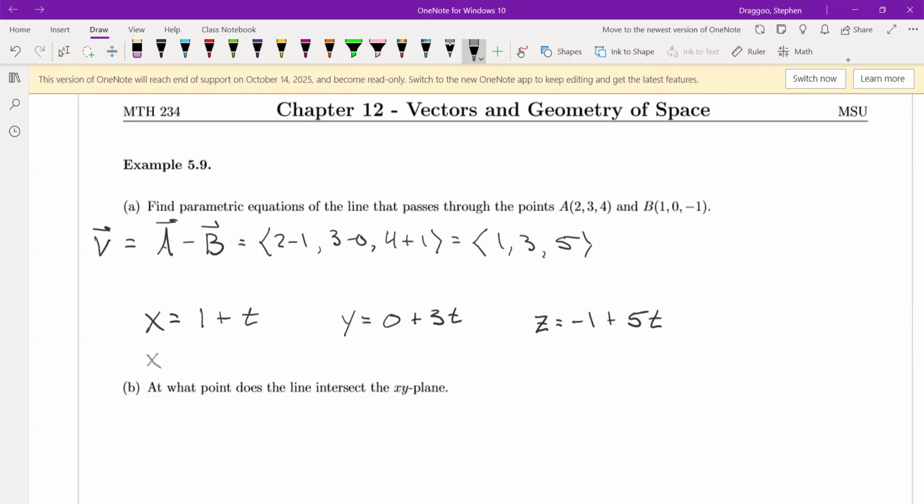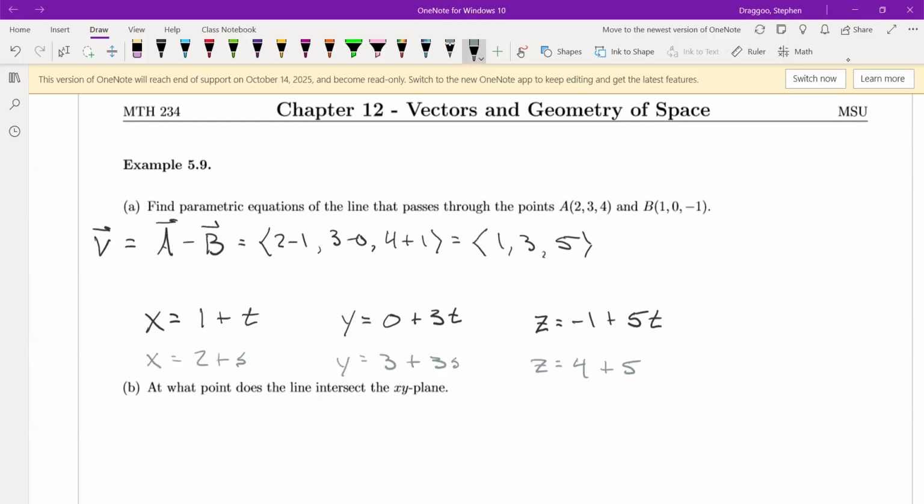And just to further emphasize, I could have also called this 2 plus t for x, 3 plus 3t for y, and what else is that? 4 plus 5t for z. Actually, you know what? Let's not call it t the second time.